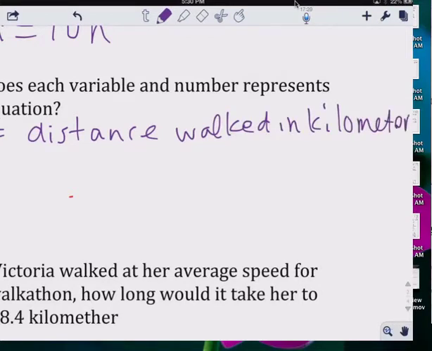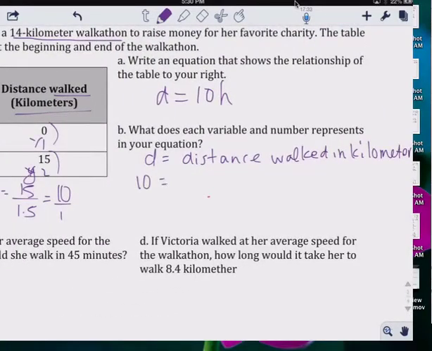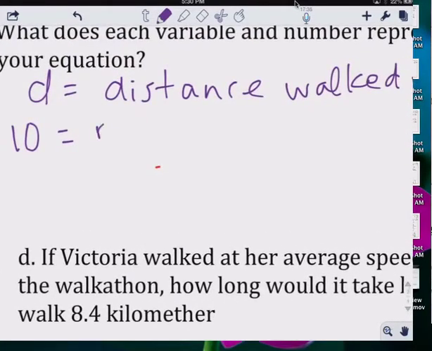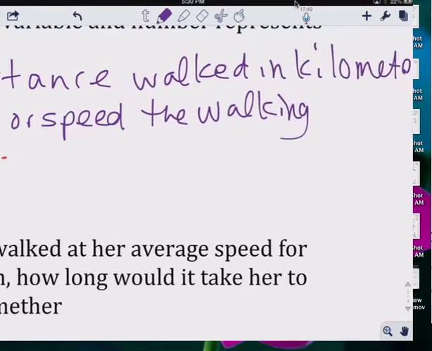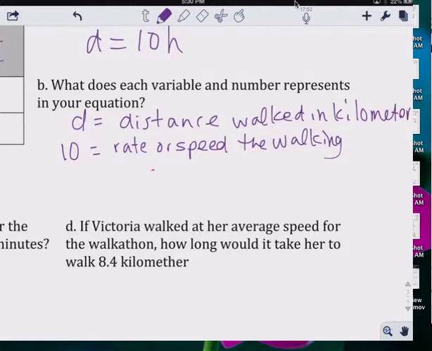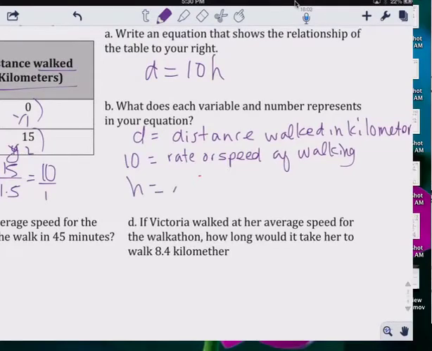Now 10 is the rate or the speed the person is walking in 1 hour. Rate or speed of walking. We'll shorten it like that. h stands for the hours the person's been walking in the marathon.